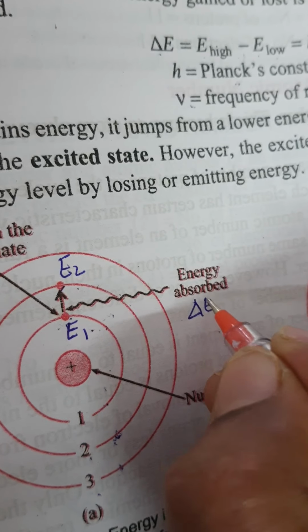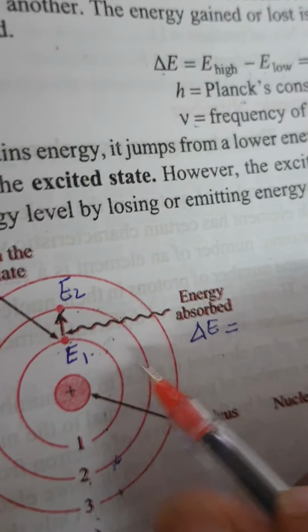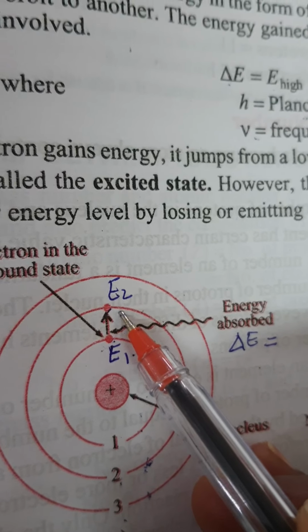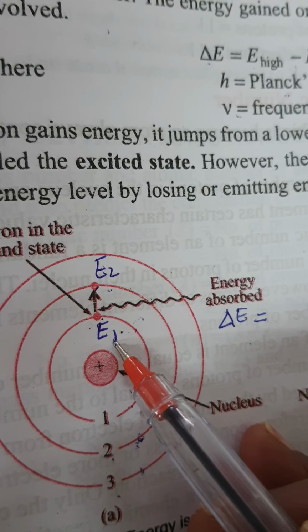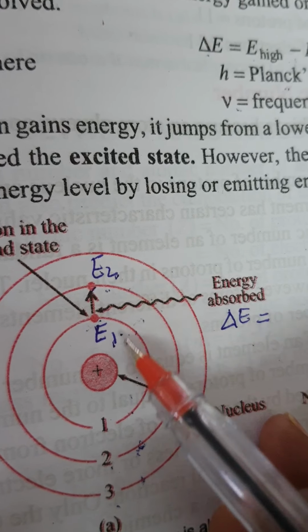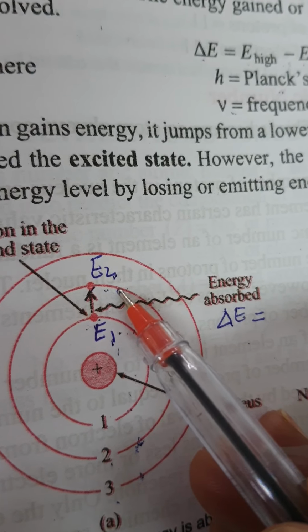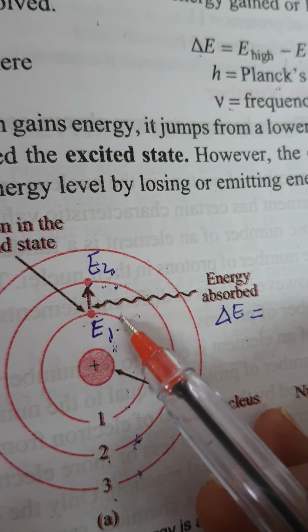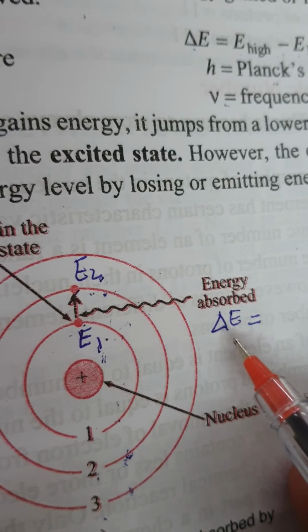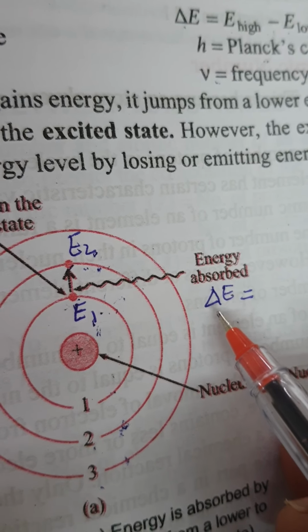It is the difference in the energy levels. The second orbit possesses higher energy and the first orbit possesses lower energy, so higher energy minus lower energy. Suppose it is 2 and 1, then 2 minus 1 is 1. That 1 is the difference of energy, which is called delta E.